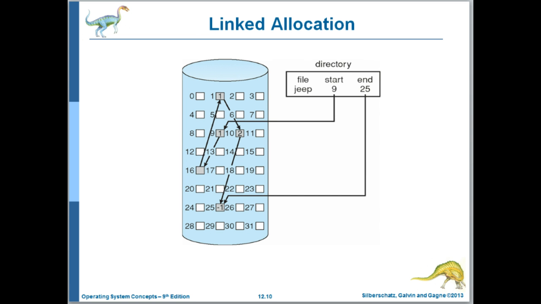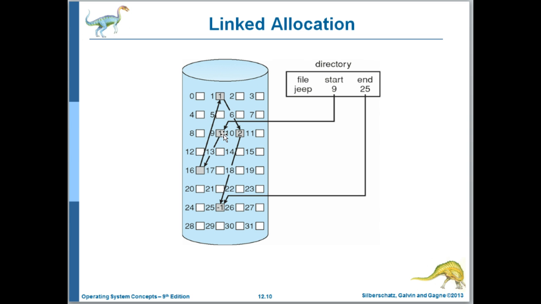This example here is somewhat messed up. The same figure from the book has the same problems. So here we have a file Jeep with the directory entry says that the starting block is block 9. Here's block 9. So the pointer here should be pointing instead of 1.